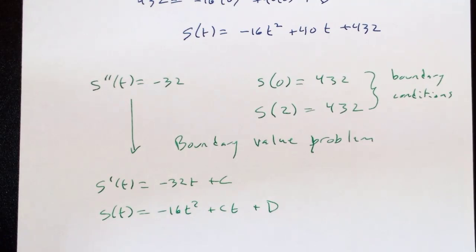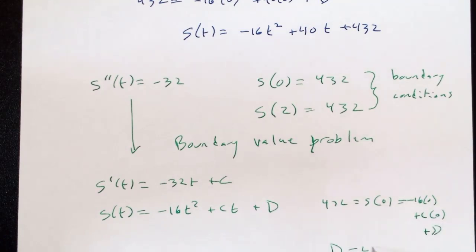Given these two, which do you think it's going to be easier to use first? If I use 0, everything except d goes away, right? 432 equals s of 0 equals minus 16 times 0 plus c times 0 plus d.